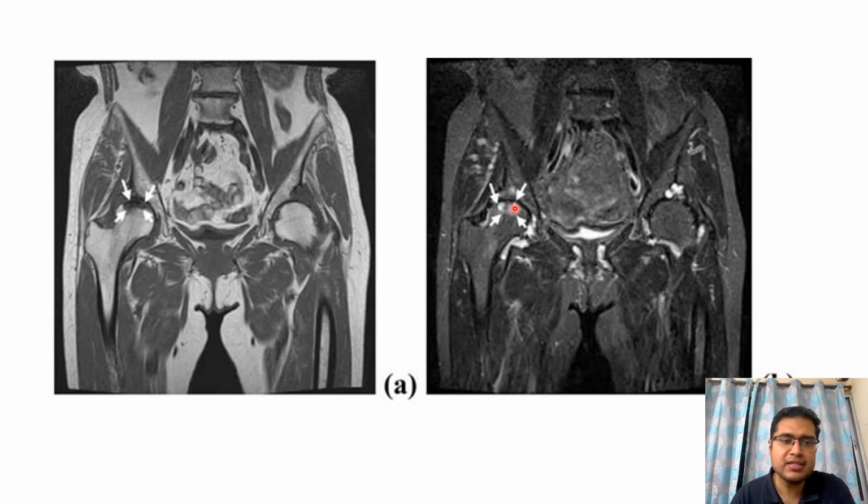So this represents osteoarthritis of the hip without any avascular necrosis or fracture. This is another important entity of hip pain that has to be remembered. All these three entities are to be remembered and differentiated from each other: subchondral insufficiency fracture, avascular necrosis of the hip, and primary osteoarthritis of the hip.